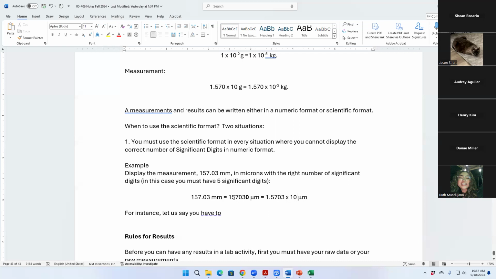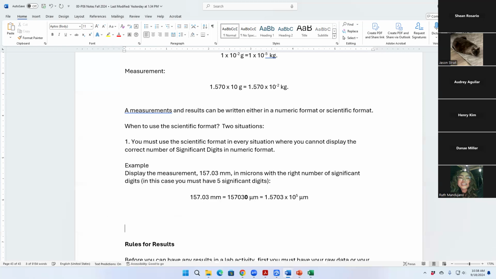In this case, the power of 10 would be 1, 2, 3, 4, 5, to the 5, not to the 4. Okay? That's how we resolve this type of problems with significant digits. If we have 5 significant digits here, we still have 5 here, right? That's one situation.